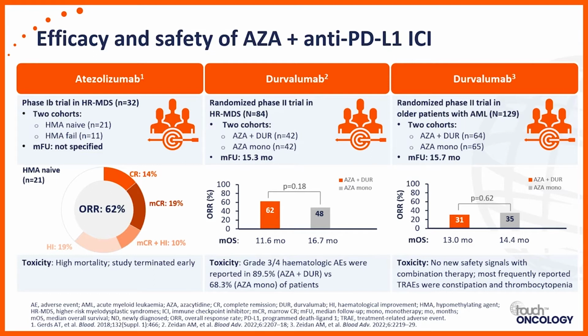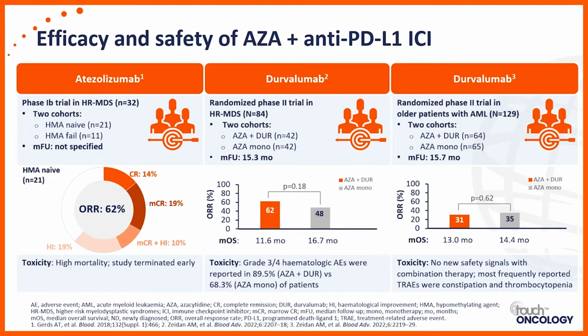And it was reported that 29% of patients did not survive within 3 months after therapy initiation due to serious treatment-related adverse events. And this unexpected early mortality rate led to early termination of the study.